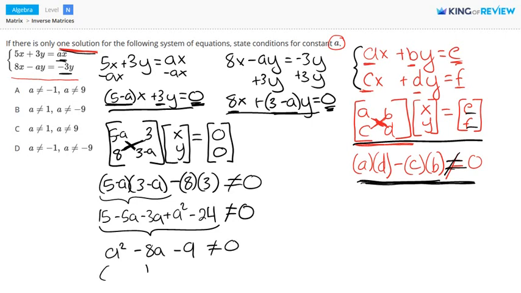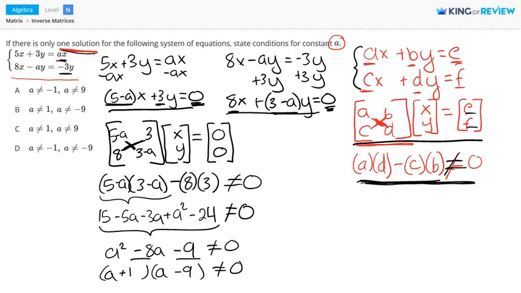And now let's factor. A squared, well, that's a times a. And now we're looking for two numbers whose product is negative 9 and sum is negative 8. Well, 1 and negative 9 would work, so we have plus 1 and negative 9 here.